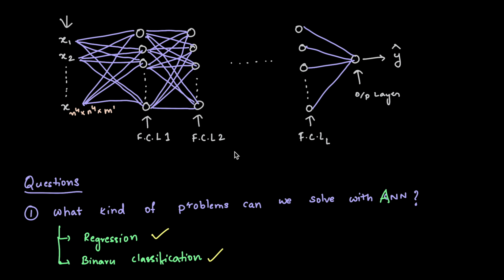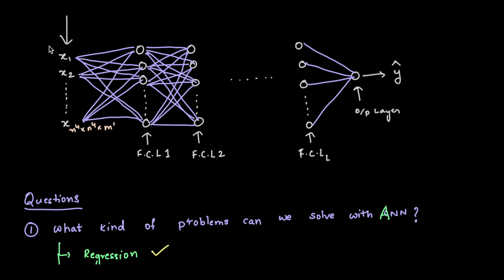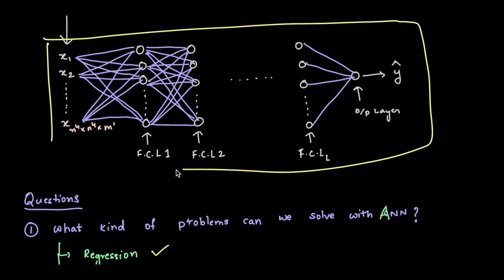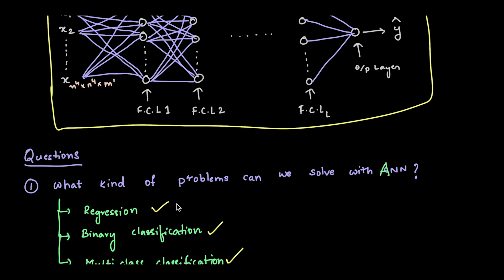In case of ANN, we have this as the exact architecture, right? So this is the exact architecture that we used in ANN. If with this architecture we can solve all these three problems, then obviously with CNN also we can solve all these three problems, right? That's why the answer is, in case of CNN also, it can solve all the three problems.